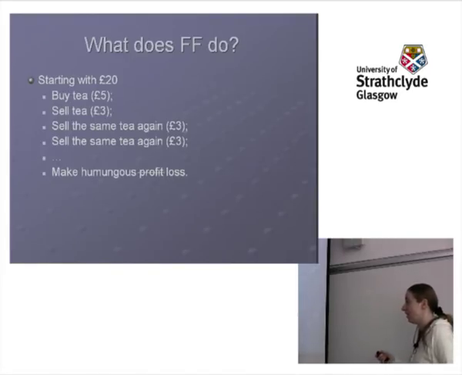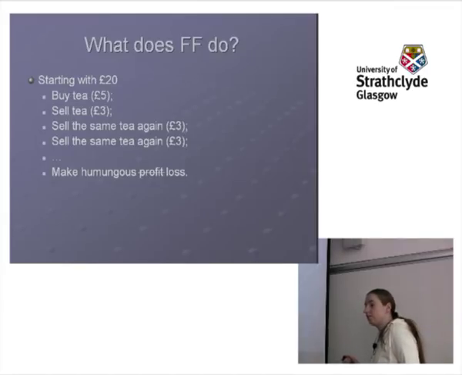It can sell the tea and have it. So it does that, and then it sells the same tea again for £3, and it thinks it's making a humongous profit, but actually it will make a big loss because all it can do is buy tea for £5 and sell it for £3, and it tries to sell it again, it hasn't got it. So it's not very good as a financial management system.